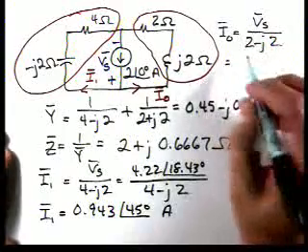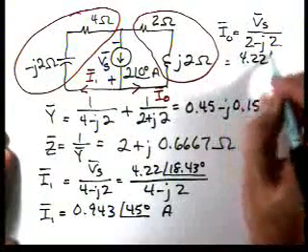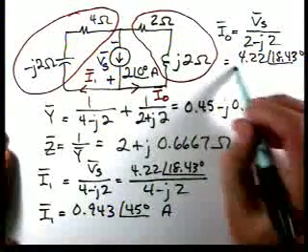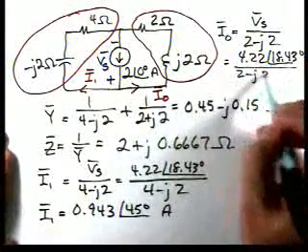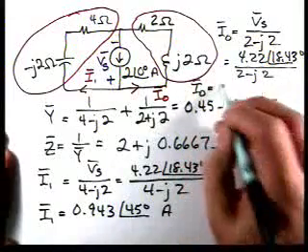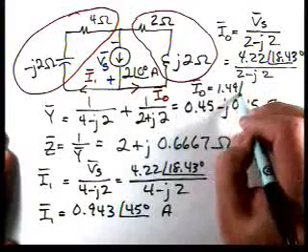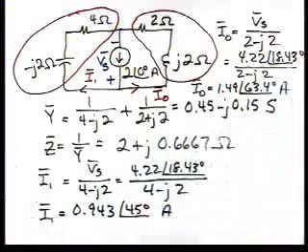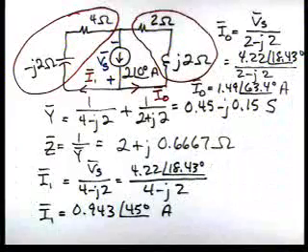So we have 4.22 at an angle of 18.43 divided by 2 minus j2. So then I0 is 1.49 at an angle of 63.4. Okay, so there's our two currents.